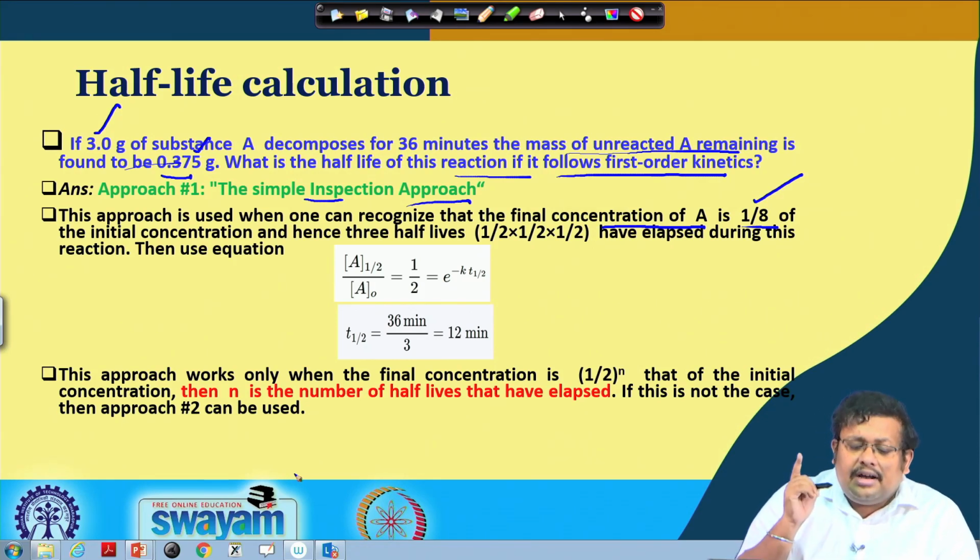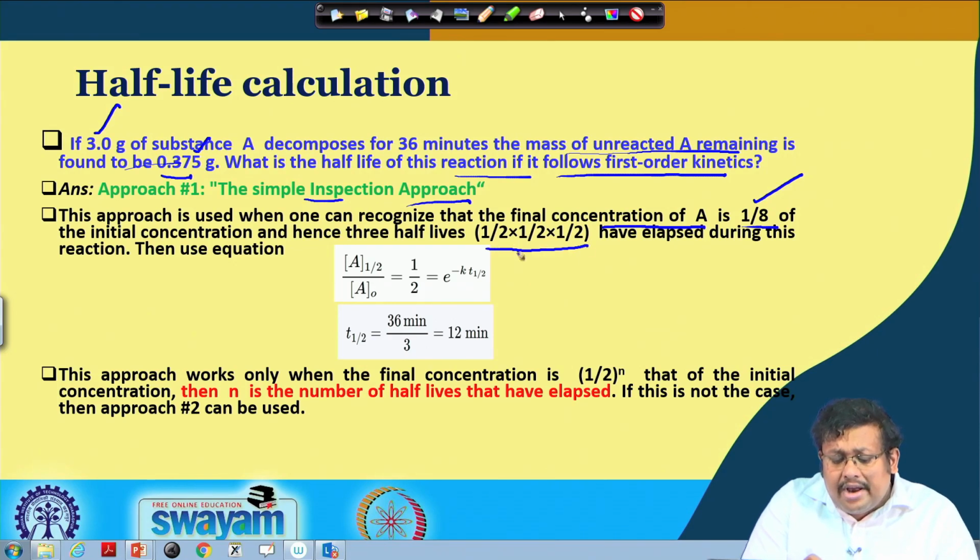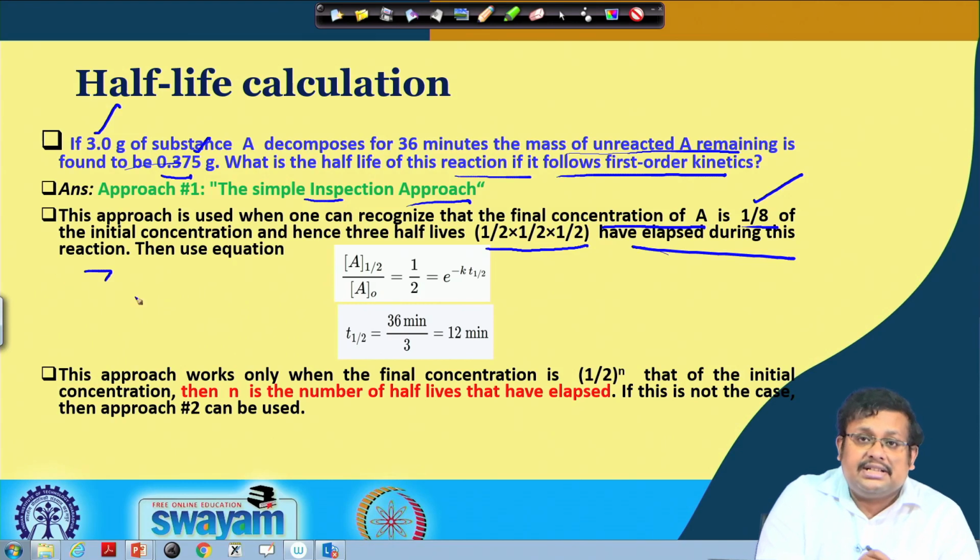So, 3 half lives have elapsed here. You can see 1/2 multiplied by 1/2 multiplied by 1/2 have elapsed during this reaction. So, initially if you have some value of a reactant concentration and now you get 1/8 of this concentration, that means it went through 3 cycles of half life.